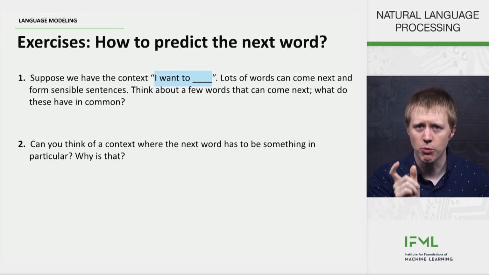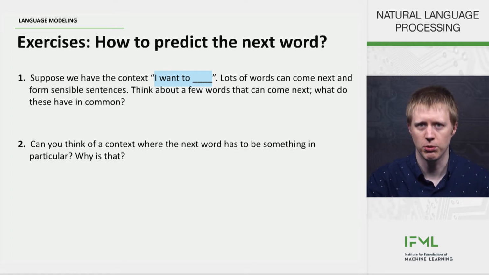Like there can only be one word that follows this sequence of words, or it's very likely that there's one next word that follows. So I'm going to pause here for a second.